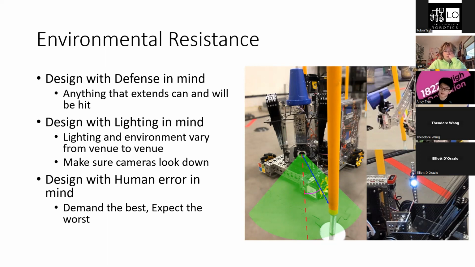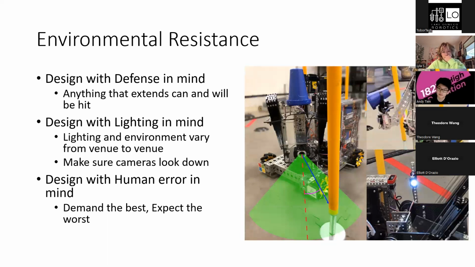So environmental resistance comes in many forms. First of all, one of the differences between trying things at your warehouse and going to a competition is, of course, the introduction of 3 other robots. What ends up happening is you'll find that anything that extends outside of your robot is probably going to be touched, hit, or meet some kind of stress.